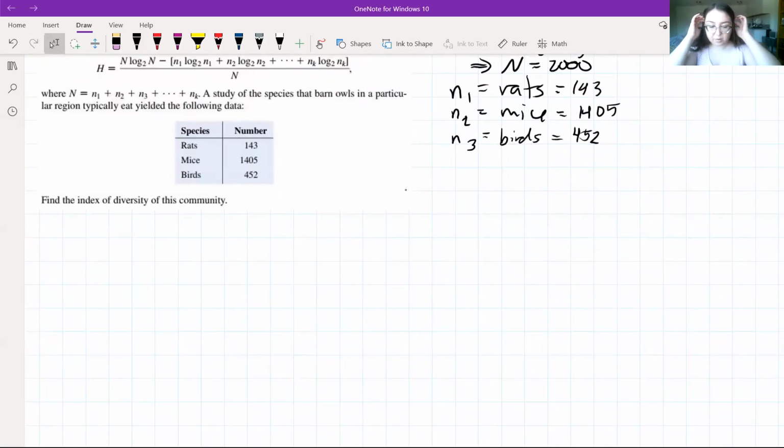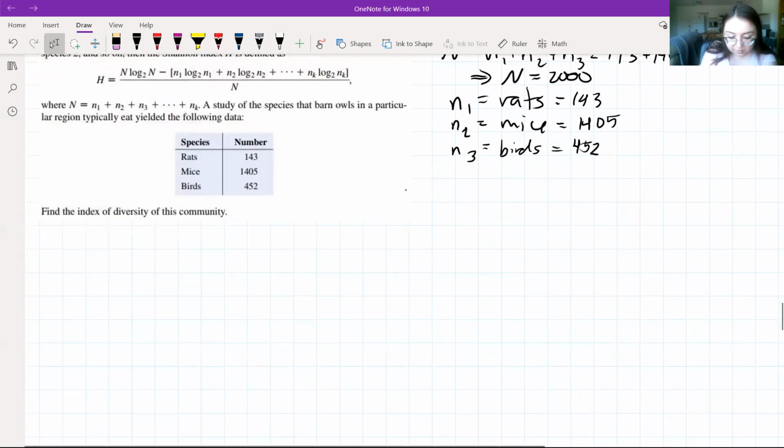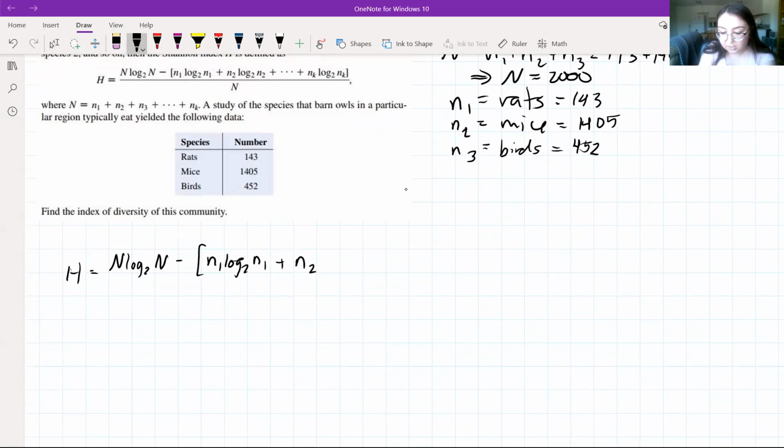Now I'm going to rewrite our equation. We have H is equal to capital N times log base 2 of capital N, minus n sub 1 times log base 2 of n sub 1, plus n sub 2 times log base 2 of n sub 2, plus n sub 3 times log base 2 of n sub 3.